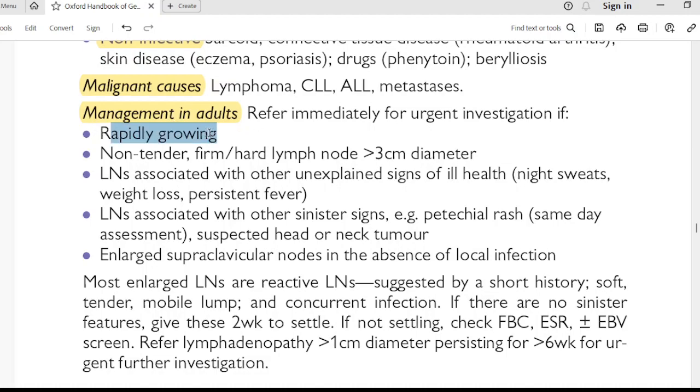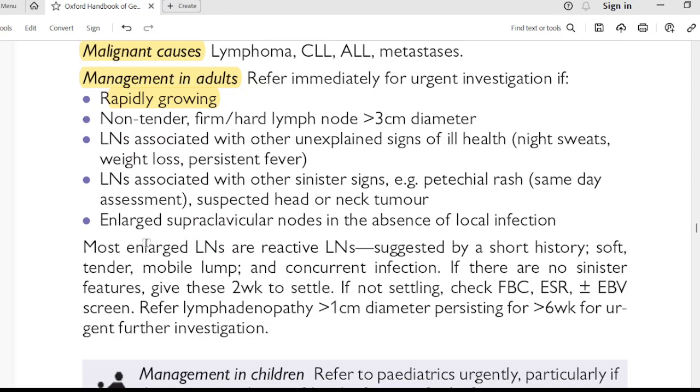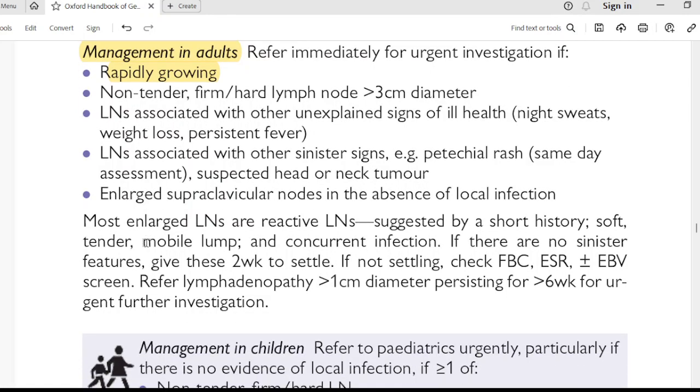Lymph nodes associated with unexplained signs of ill health, night sweats, weight loss, persistent fever. Lymph nodes associated with other sinister signs, for example a petechial rash, same day assessment, suspect head or neck tumor.